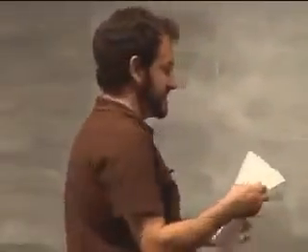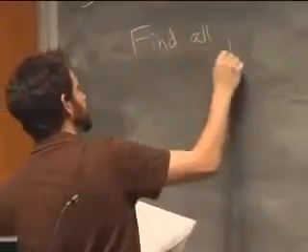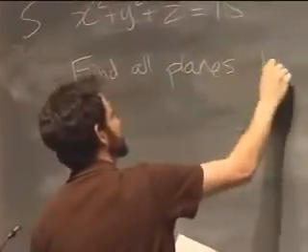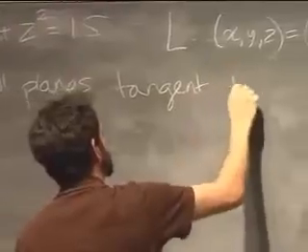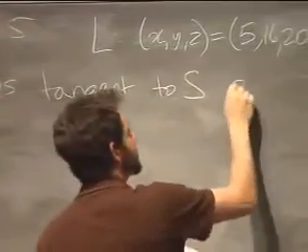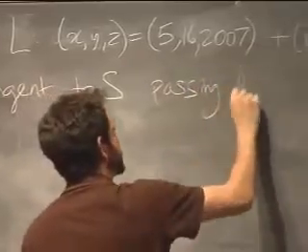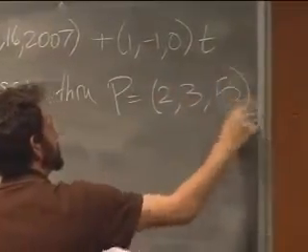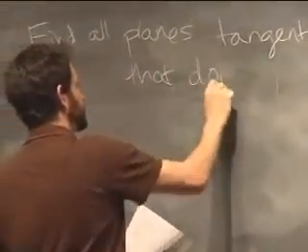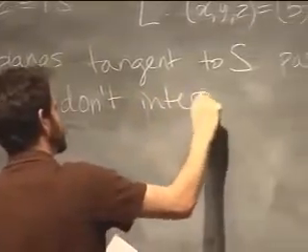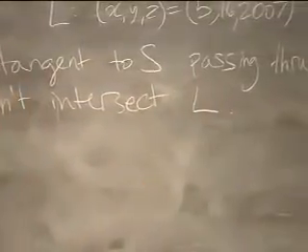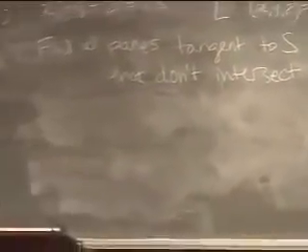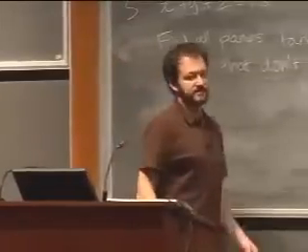Okay, so there's that line, and it says, find all planes tangent to S that pass through the point P, which is (2, 3, 5), that do not intersect L. Okay, so it's a sort of interestingly and slightly differently worded question, but there you have it.